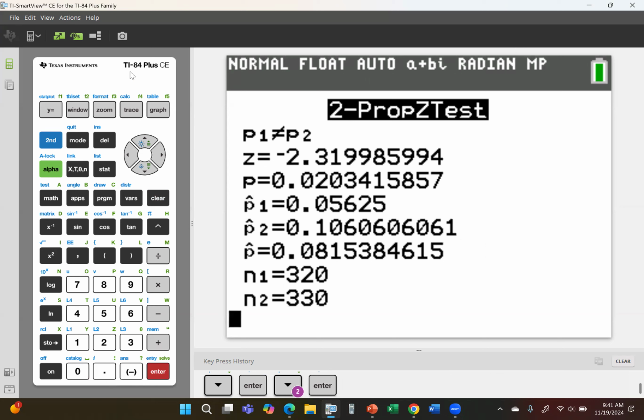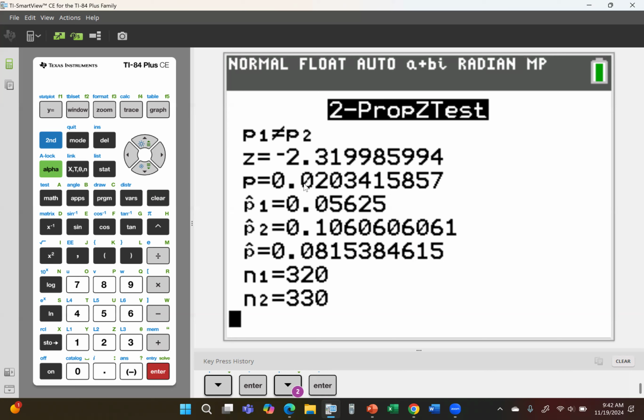So the z-statistic is negative 2.320. They don't tell me how many places to round off to, so I would round off to 4. That's a good, safe bet. So negative 2.3200.